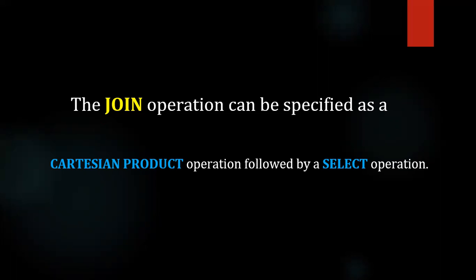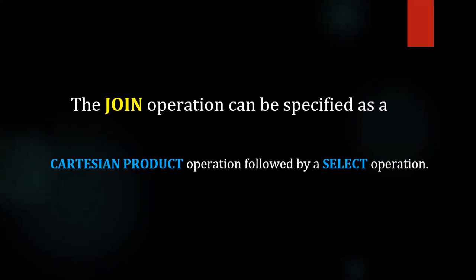And we know why, so again here, when should we go for a cross product, and why do we need to go for the join? Now we know a relational database is a collection of relations.